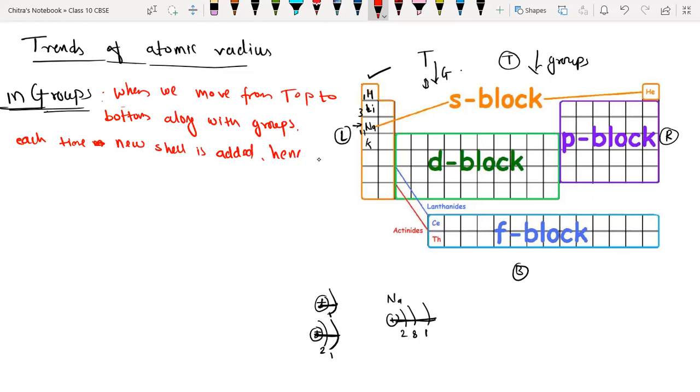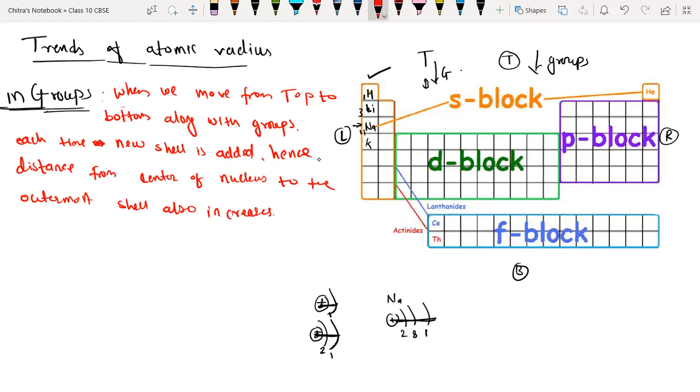Hence, the distance from the center of nucleus to the outermost shell also increases.